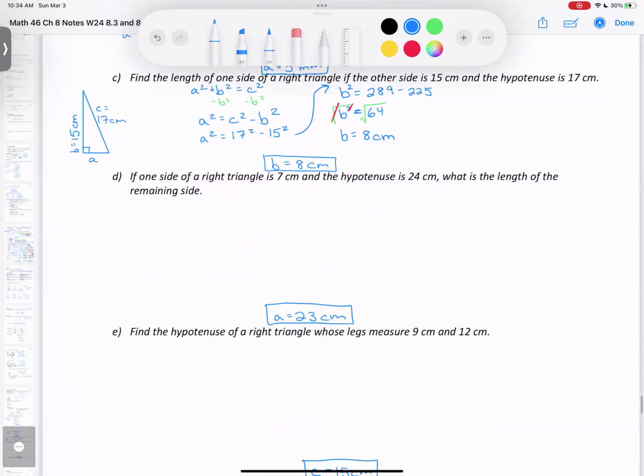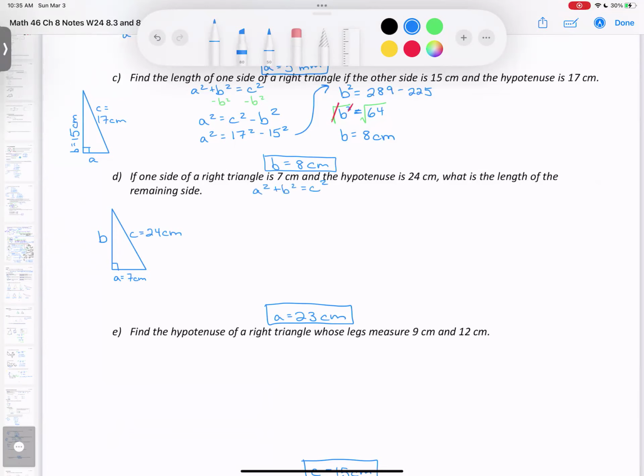Okay, next one. We've got one side of a triangle is 7 and the hypotenuse is 24. Okay, so one of the legs, I'll call it A, is 7 centimeters. And the hypotenuse C is 24 centimeters. And we're looking for the other leg, so I'm going to call that B. So I know A squared plus B squared equals C squared.